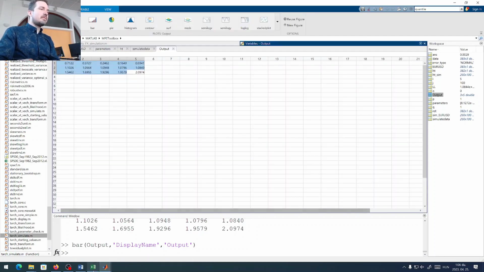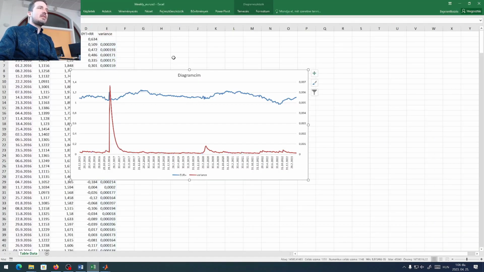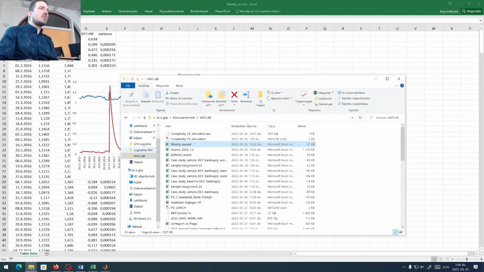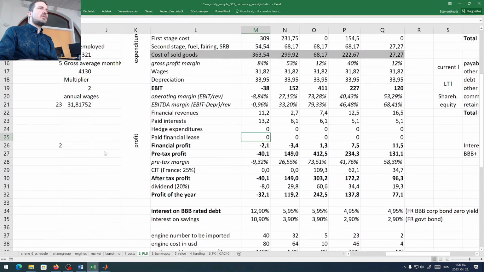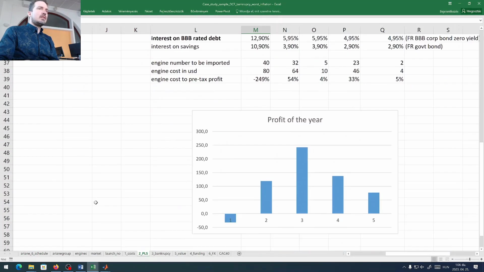But if we are using them, let's go back to the data set here.